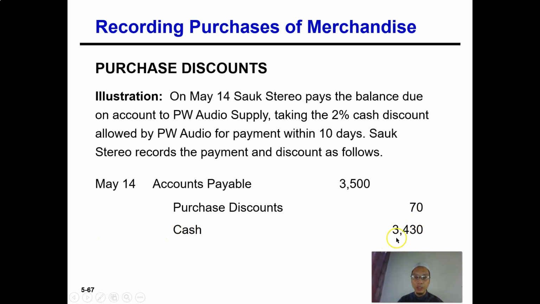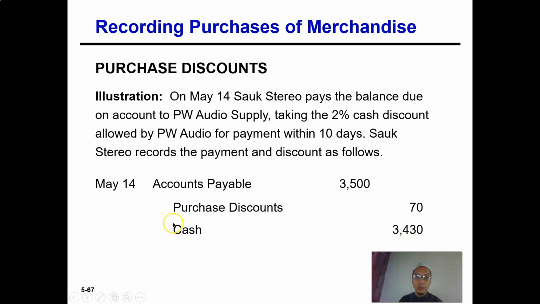We have illustrated the calculation for this. But $70 is due to the discount, and we credit the purchase discount account. This is some sort of a revenue account, but actually it is a contra account to purchase. Its nature is like a revenue account, but it's actually a contra account to the purchase account.